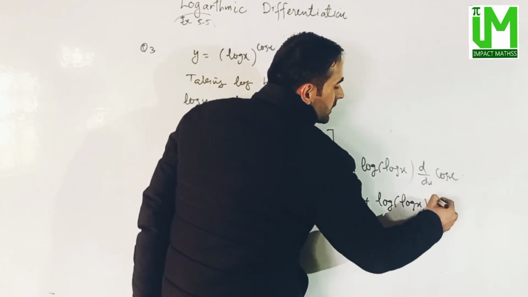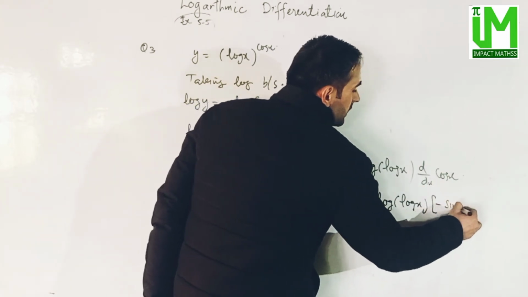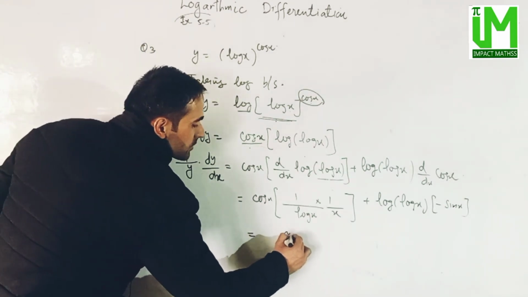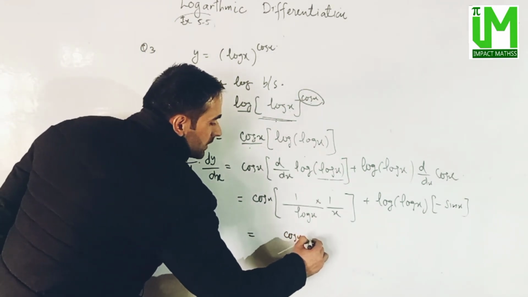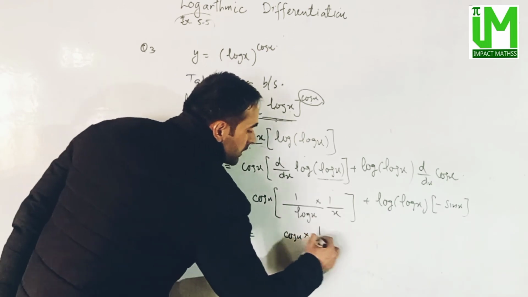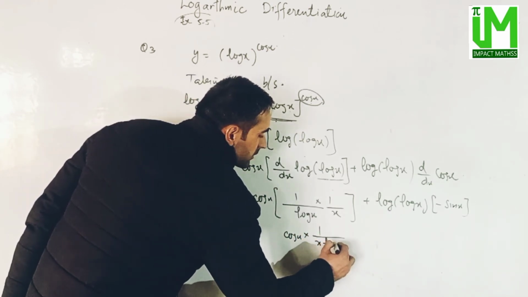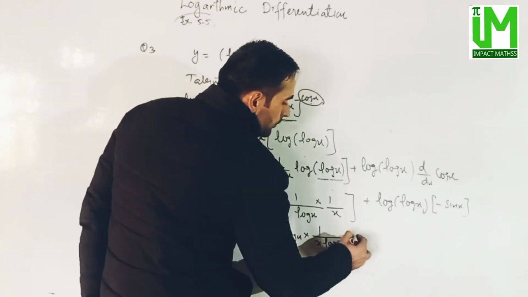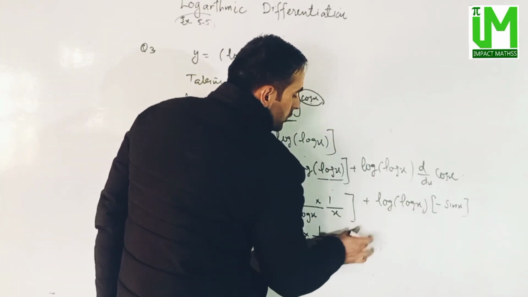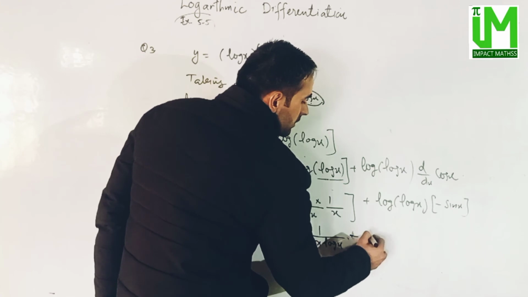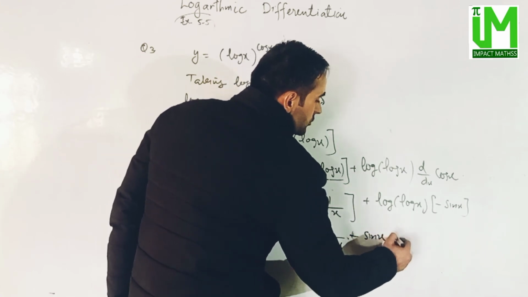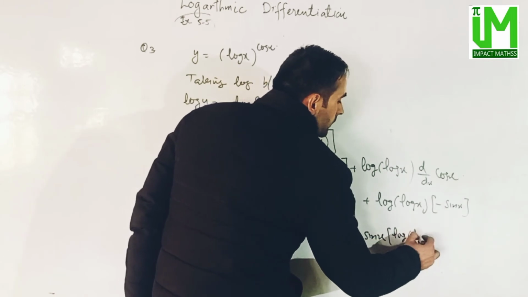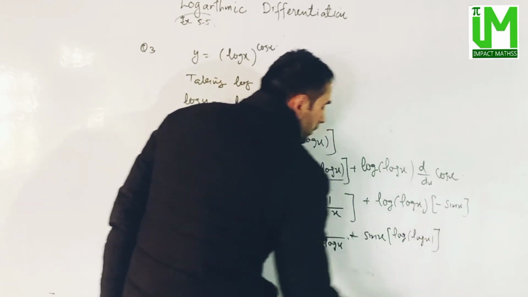Plus log of x into cos x differentiation, minus sin x. So which will be again cos of x divided by x, ठीक है, into 1 divided by x, log x. Plus into minus होगा minus. So this will be minus sin of x into log of x.